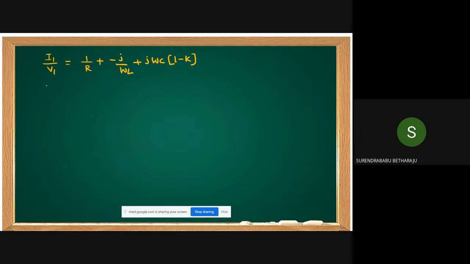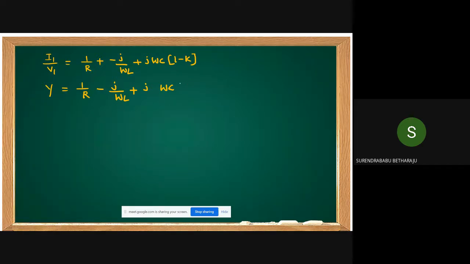What is I1 by V1, students? This is the admittance: 1 by R minus J by omega L plus J omega C into (1 minus K).